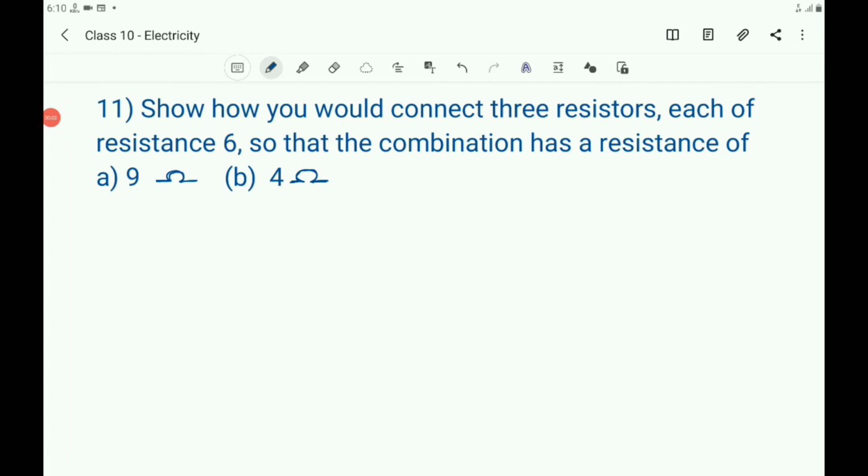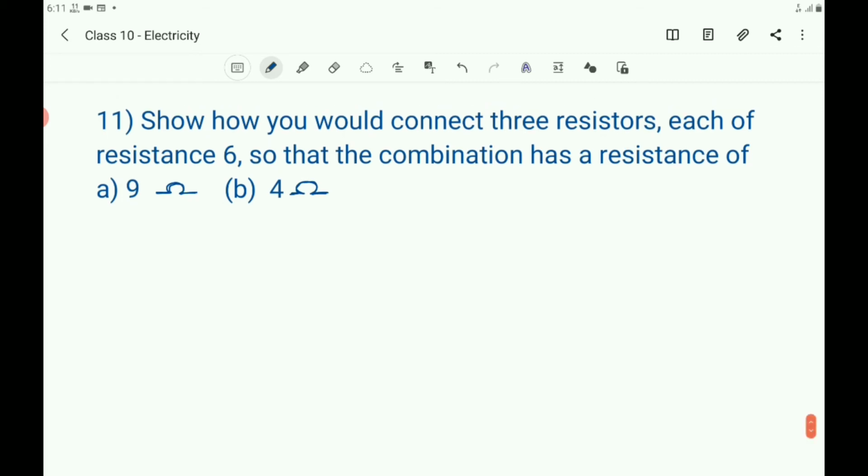Now the 11th question: show how you would connect 3 resistors, each of resistance 6 ohm, so that the combination has a resistance of 9 ohm and 4 ohm.